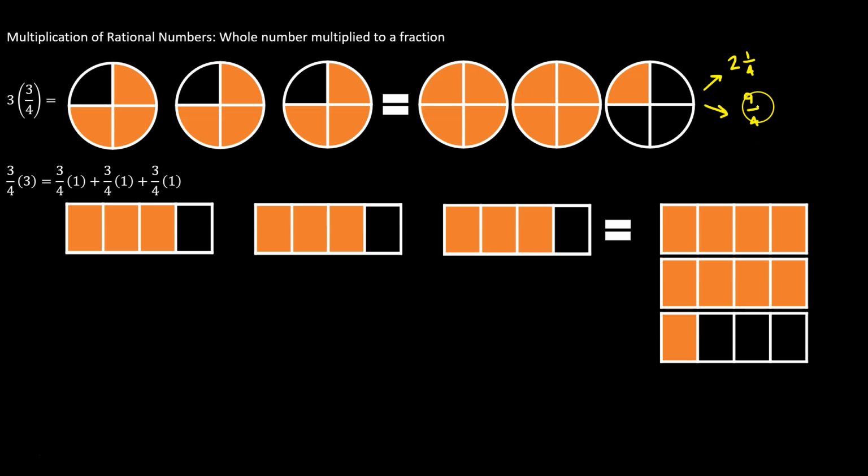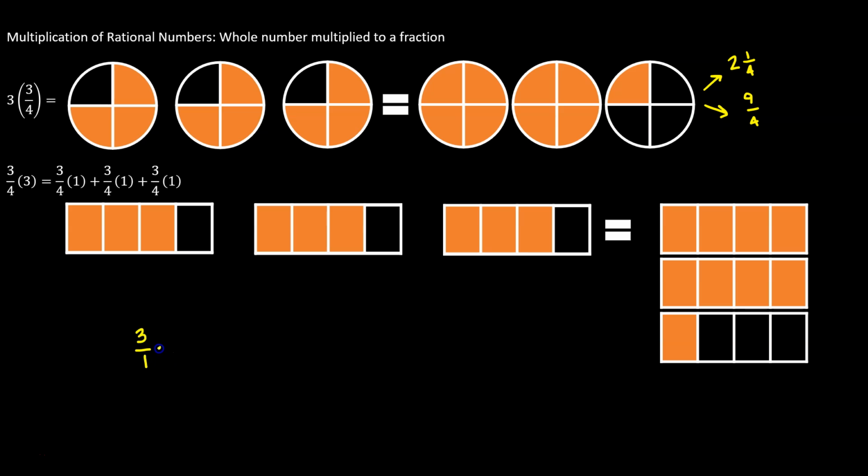And when we write our answer as an improper fraction, we might notice that there's a relationship going on here between the 3 and the 3/4. With doing enough of these visuals, you'll notice that a whole number like 3 can be turned into a fraction, like 3/1.